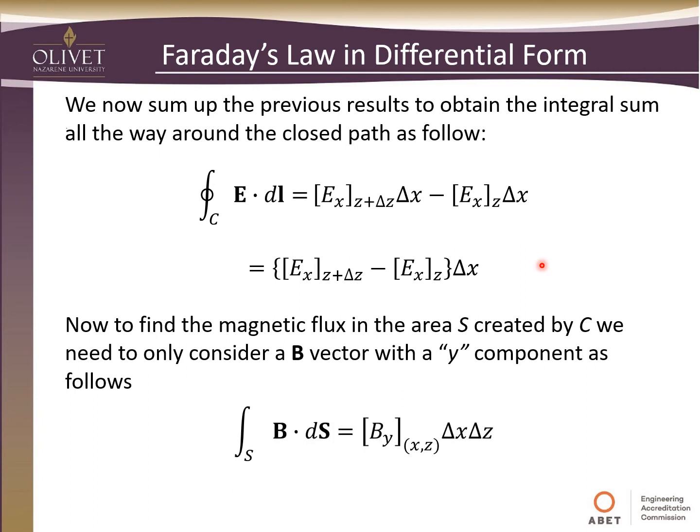So we'll simply have a By component evaluated at x and z, times the surface area, which is delta x, the x length, times delta z, the horizontal length. This gives us what we see on the right side of that equation, when you take the derivative with respect to time.